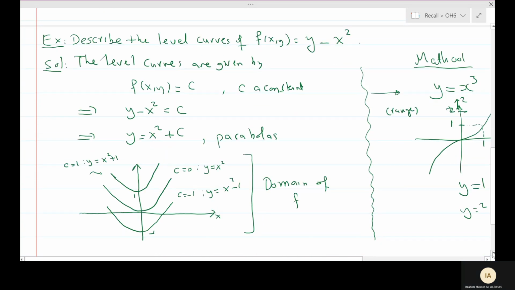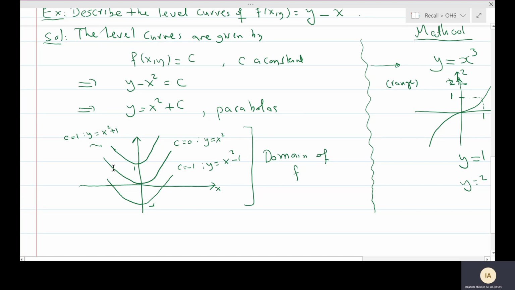These are some level curves. Now the first level curve here, y equals x squared plus 1: the function f will take each point to the first floor, C equals 1. The function will take any point on the curve y equals x squared to the ground floor, C equals 0, the xy plane, z equals 0.